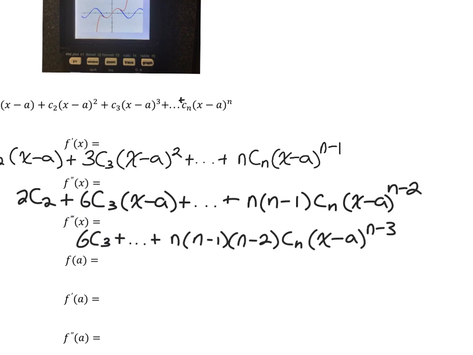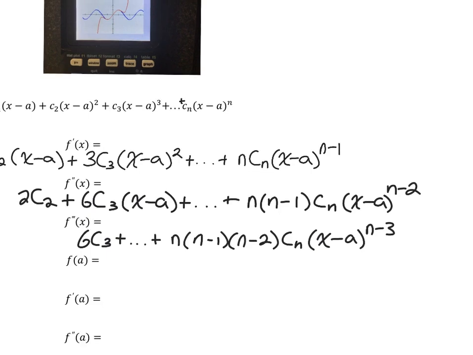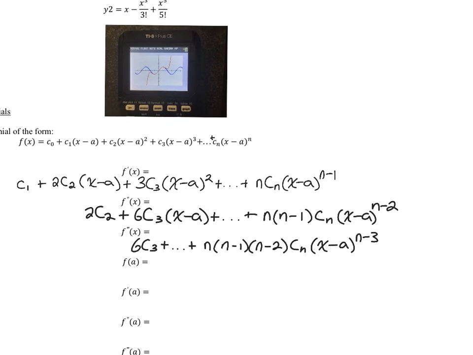Because what I'm going to do is start evaluating each one of these for when x is equal to a. Which will actually be very easy, because if I'm replacing every x with an a, then every term that has an x minus a in it is going to cancel away. So in each case, it'll be everything except for the first term. So f of a is going to be equal to c sub 0.